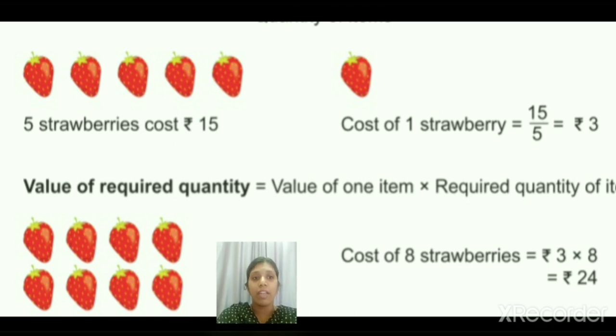So this method is called unitary method: some quantity will be given, and finding the cost or value of 1 and then finding the value of the required quantity is called unitary method. Clear? While doing exercise problems you will understand it better.